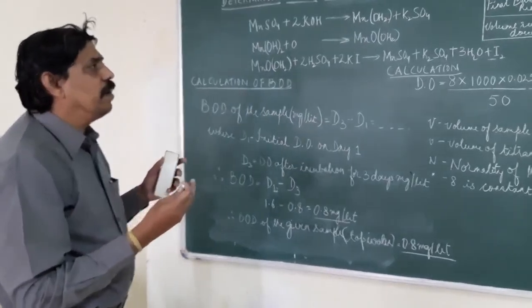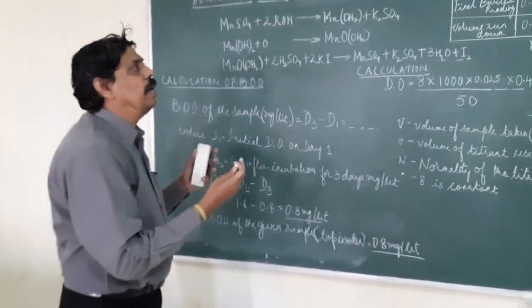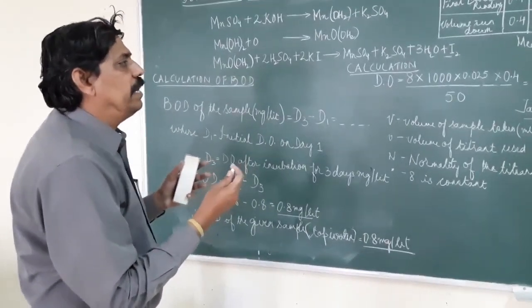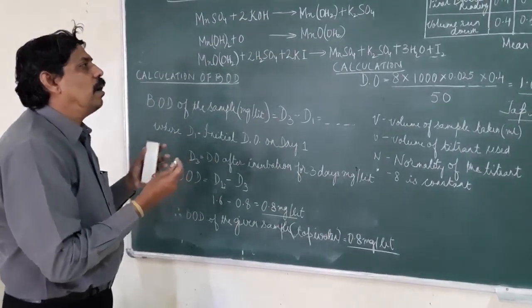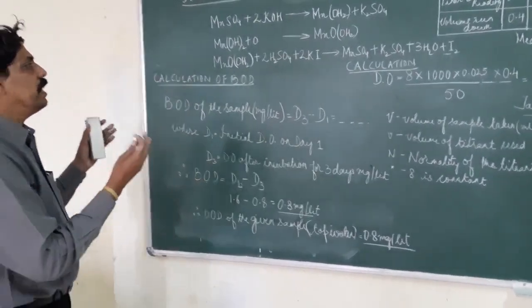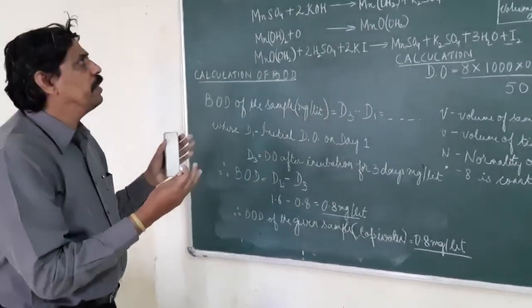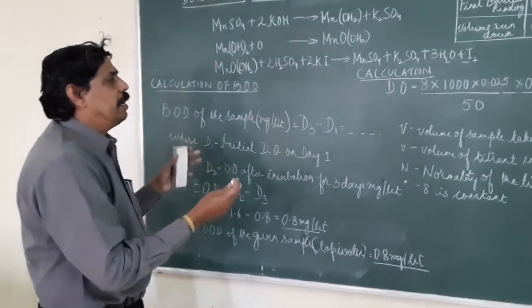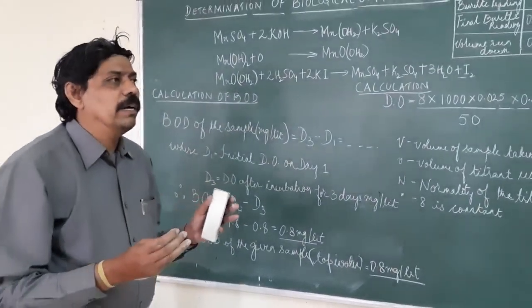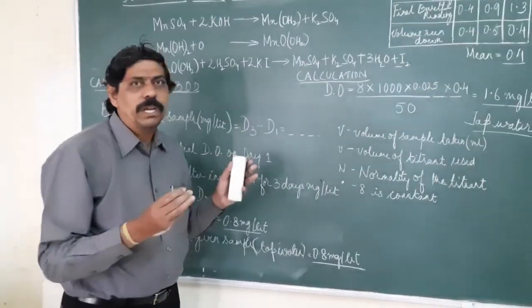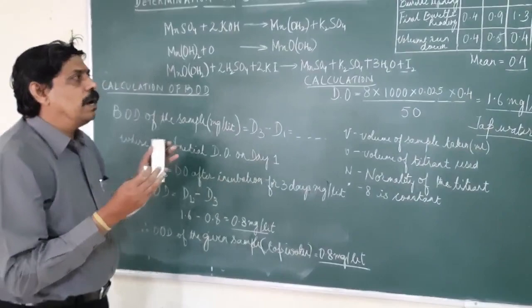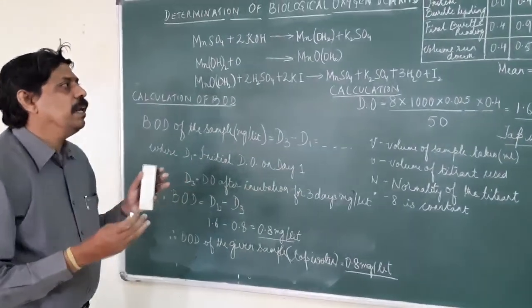As you already know how the dissolved oxygen level has to be calculated, the same procedure is followed for the determination of the biological oxygen demand. Initially, when you are collecting the water for the determination of biological oxygen demand, we need to collect it in a second bottle.